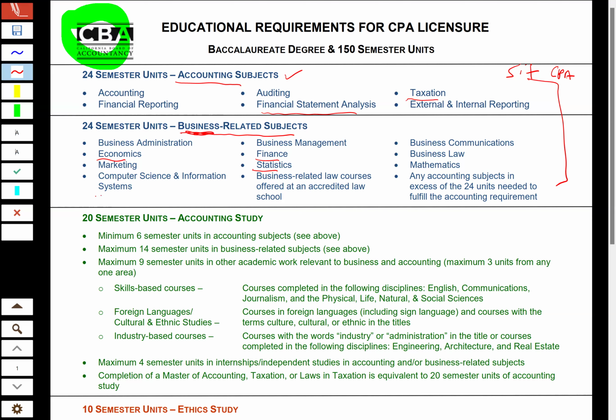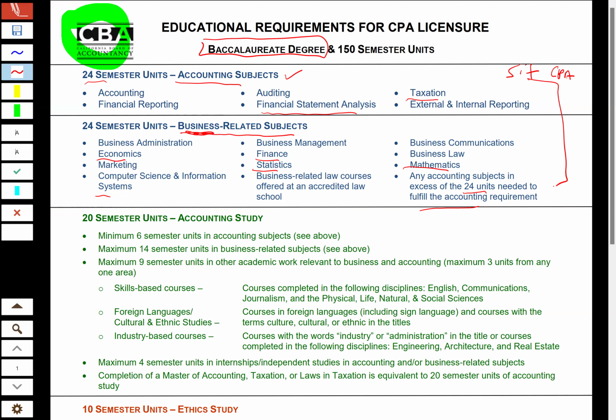Computer science, mathematics, a very broad set of classes. If you were to get more than 24 accounting units, you would not obviously need them anymore up here. So you could let those extra accounting units come down and count as business subjects in the business required area. Now, along with those 24 semester units, you must complete your bachelor's degree from an accredited university.